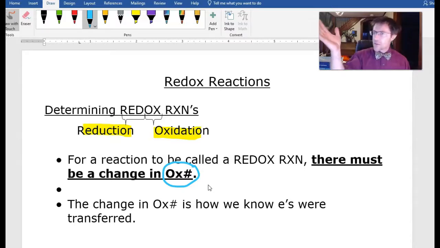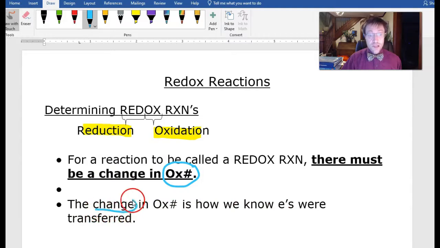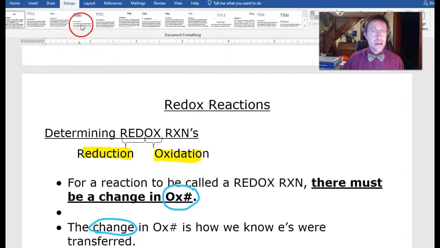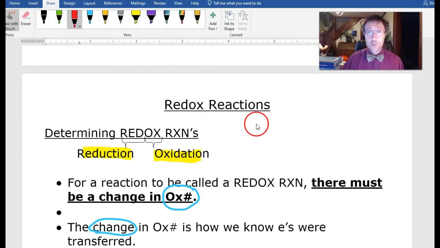That's why we spend all that time figuring out oxidation numbers. The change in oxidation number is how we know electrons have been transferred. The key thing here is change, because that means electrons went from one place to the other.